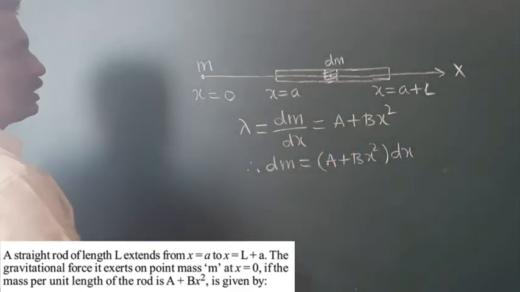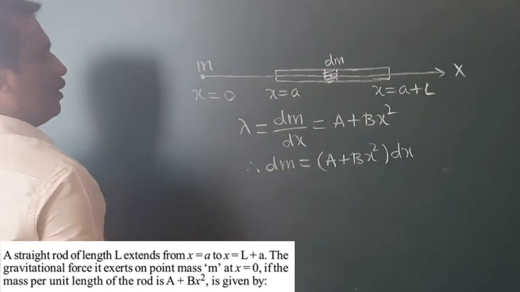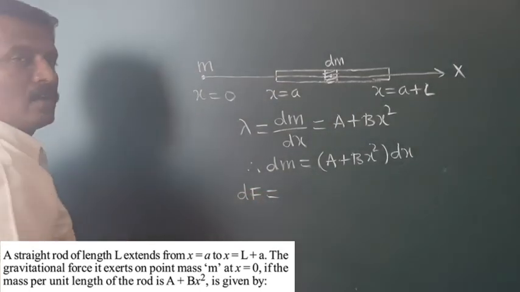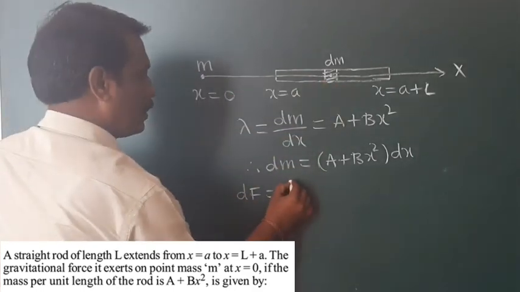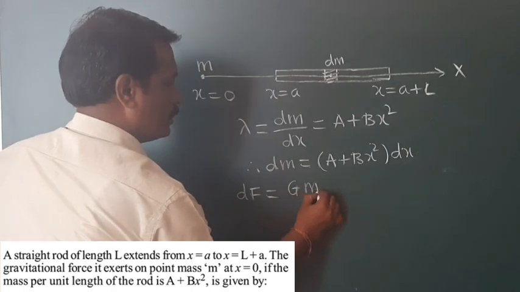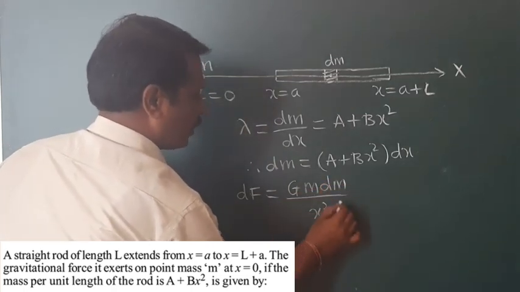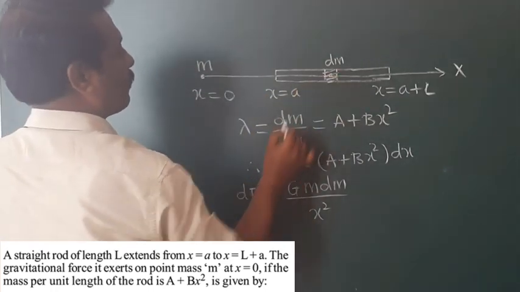Now the force exerted by this small portion dm on m, we will write it as df. Using Newton's law of gravitation, the force exerted by dm on m can be written as g m dm divided by x square, where x is the distance between this and this point.